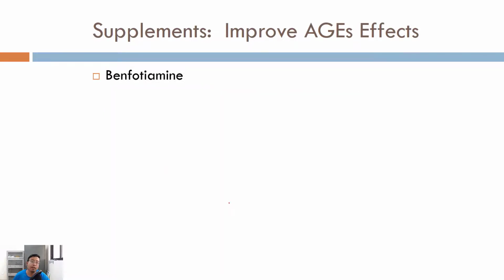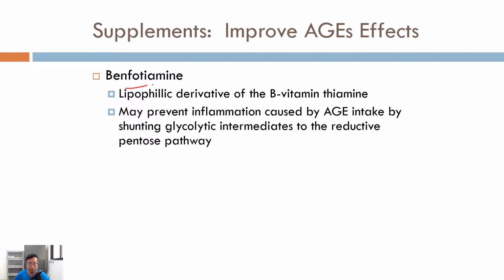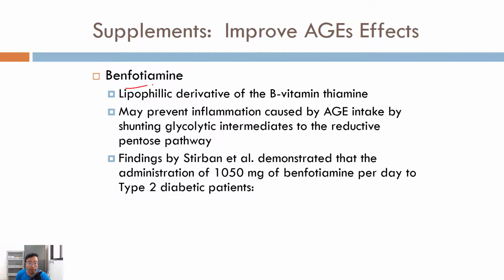Next, benfotiamine. It's a derivative of vitamin B1, that is thiamine. It has been shown to prevent inflammation caused by advanced glycation end products by shunting the glycolytic intermediate to the reductive pentose phosphate pathway.